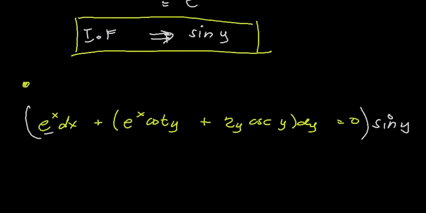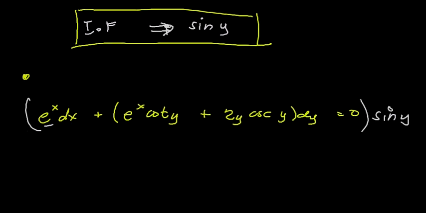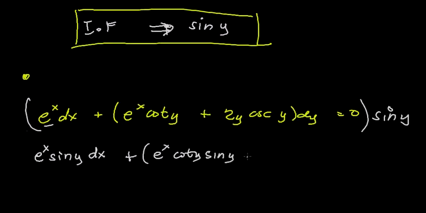By doing that, we have e to the x sine y dx plus e to the x cotangent y sine y plus 2y cosecant y sine y dy.